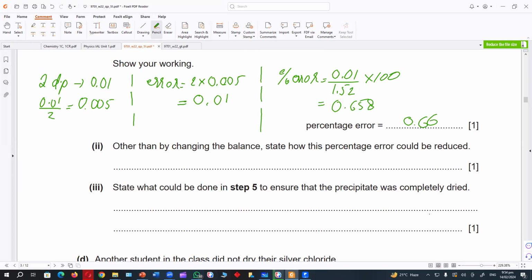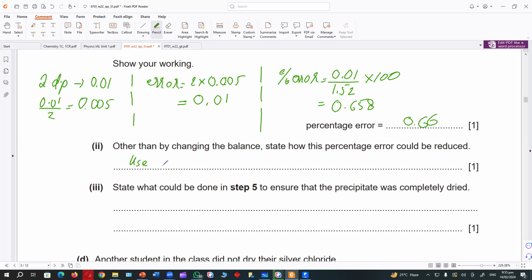It is the same concept in physics, like your watch is 2 minutes ahead. Your watch is 2 minutes in error. So when you measure 1 hour, 60 minutes, you can find the percentage error. But if you measure 500 minutes, then error percentage wise will reduce. So you will tell the examiner that the student should take a bigger sample, bigger mass, greater mass.